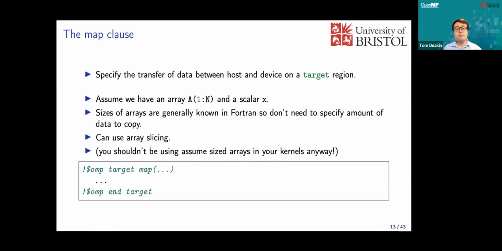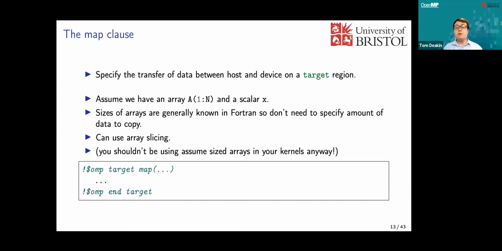So let's say we have this array A of length n, so it's going to be from 1 to n in size, and we have a scalar x. In Fortran, it's often very convenient because the size of that array is generally embedded within the type. The array itself knows exactly what the extent of that array is.